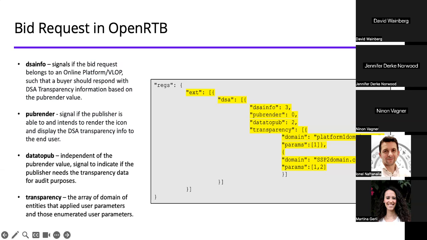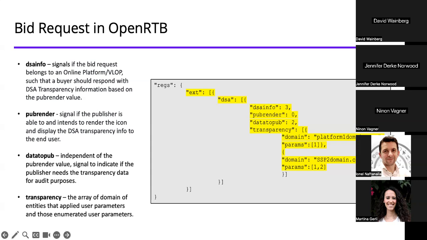The first is a piece of data we're calling DSA info. The purpose of this attribute is to indicate whether this bid request is going to be subject to DSA transparency. So going back to what Jennifer highlighted in the first product requirement. The second attribute in the request extension is the pub render.